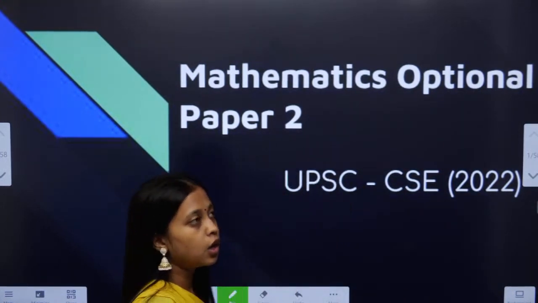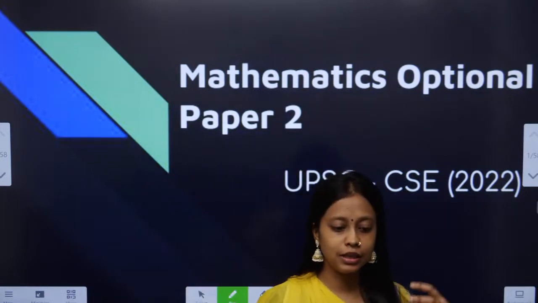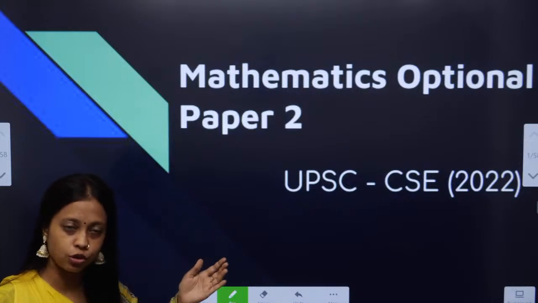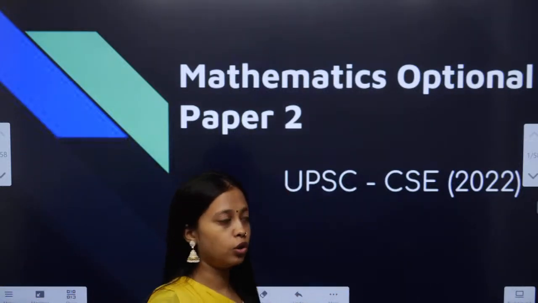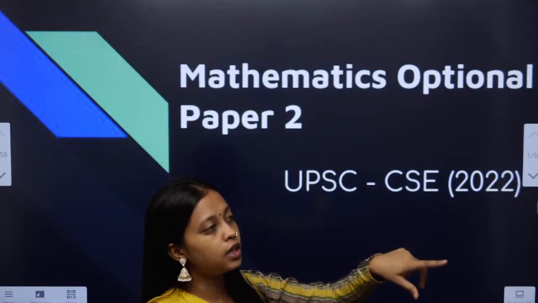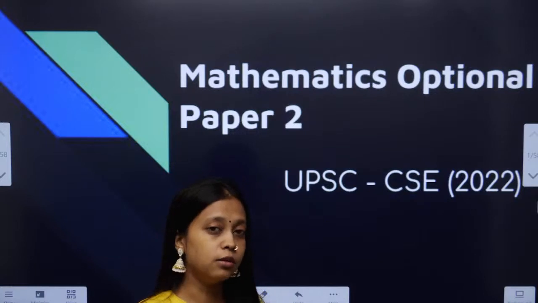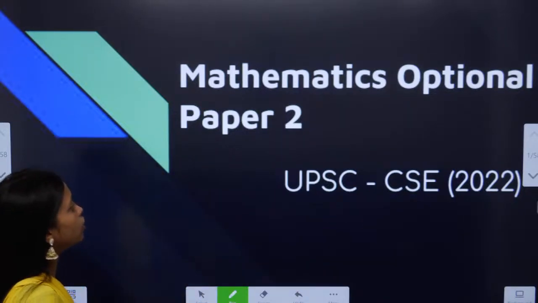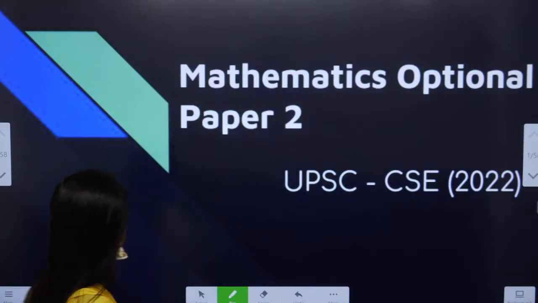Calculus covers limits, continuity and differentiability in one variable, left hand limit, right hand limit, all those things, and in real analysis the same topic comes with epsilon delta, so some detail is there. So paper 2, let us start, okay.